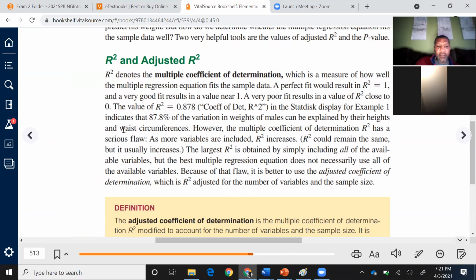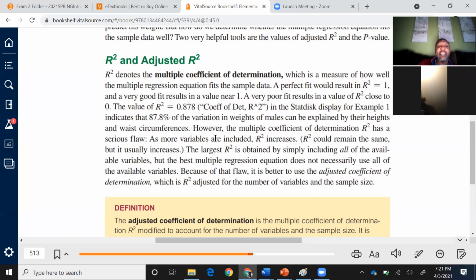When you look in here, print screen. When you read this right here, it's saying a very poor fit of the model is an R squared close to 0. So if the value of R squared equals 0.878, it indicates that 87.8% of the variation can be explained by their heights and weights. So that's the line that is relevant to this.